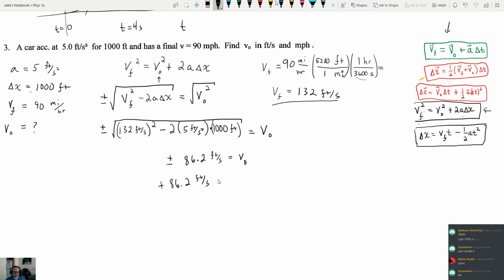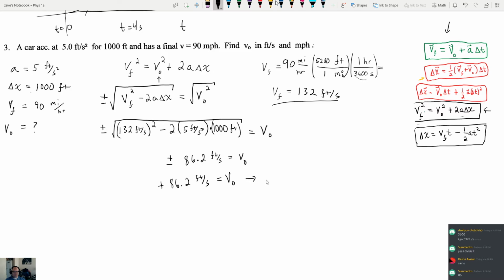But it isn't 100% clear. However, if you think about the way a car works, cars don't tend to start going left and then always accelerate to the right so that they turn around, right? Normally cars are just moving in one direction, right? You start off at 86 feet per second, you accelerate up to whatever, 90 miles an hour in this case.